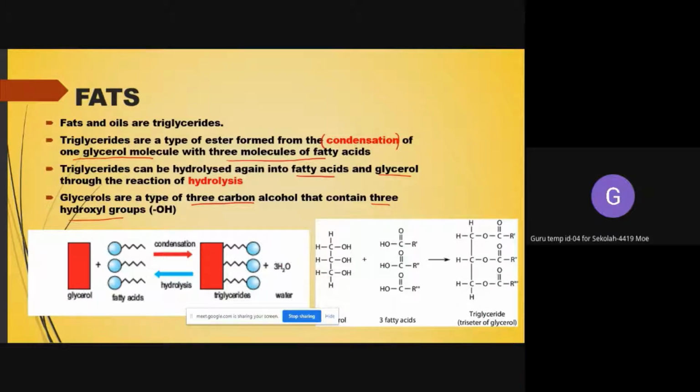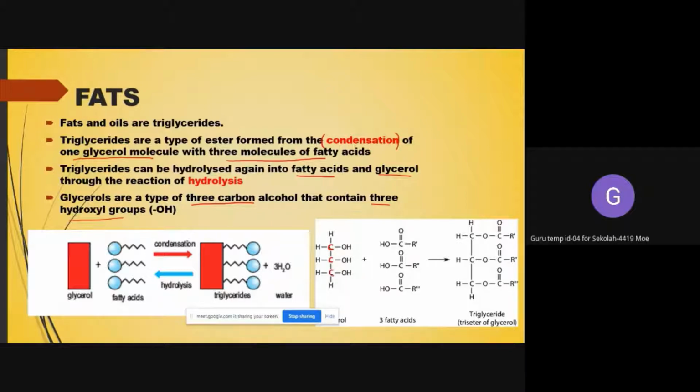This is the chemical structure for glycerol. Glycerol have 3 carbon alcohol. 3 carbon. 1, 2, 3. That contain 3 hydroxyl group. Dia ada 3 hydroxyl group. Nampak tak? OH ni ada 3.